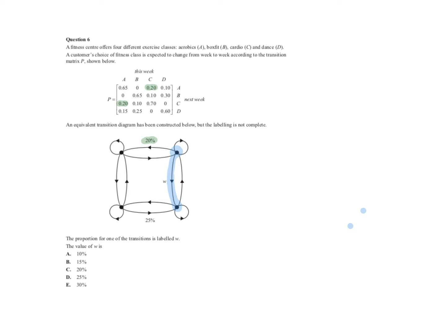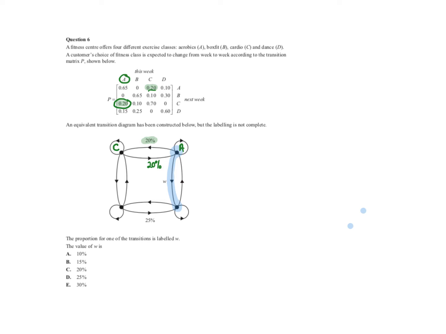So we know that if we begin at A, we've got a 20% chance of going to C. So this arrow is going from A to C, okay? And it's also actually going back the other way, because if you're at C, going back, we also know that's 20% there too.